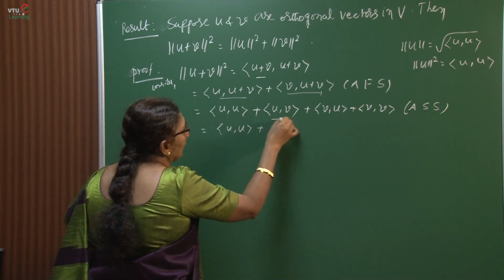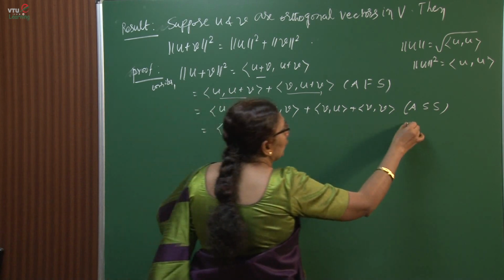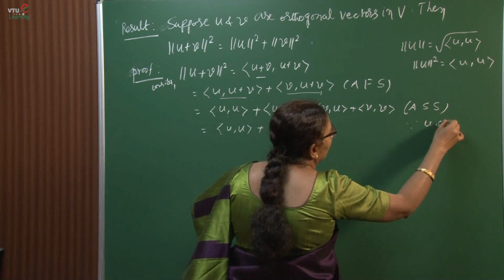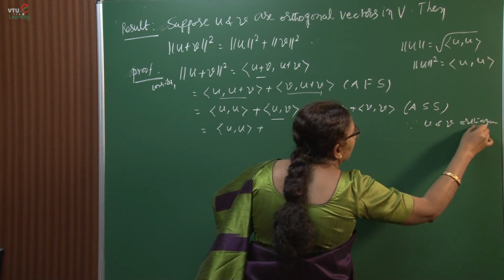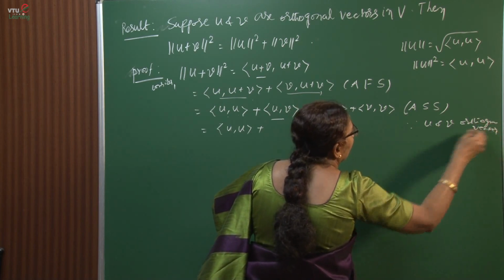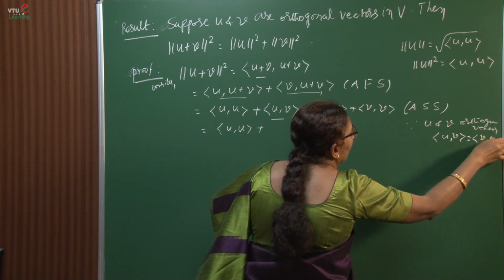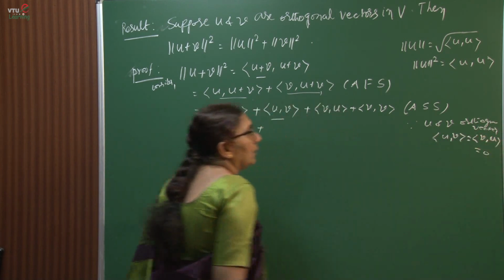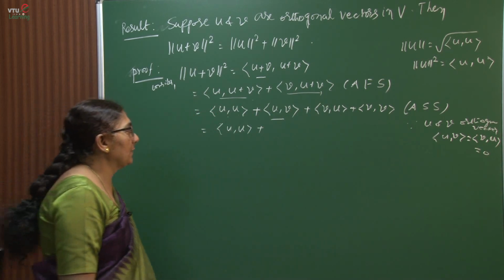Since u and v are orthogonal vectors, the inner product of u comma v and the inner product of v comma u must both be equal to 0.